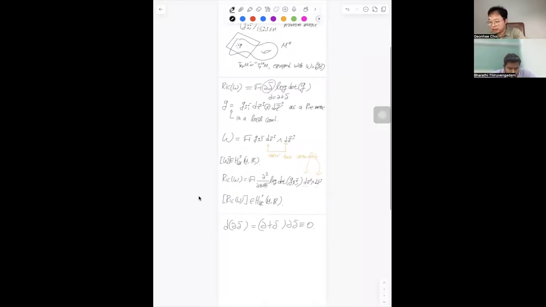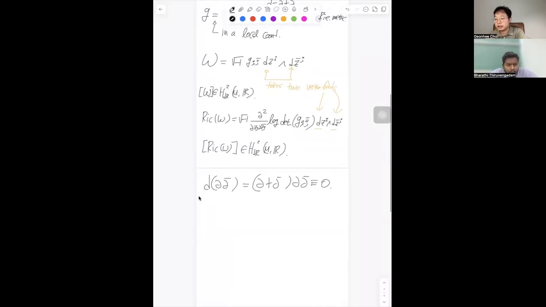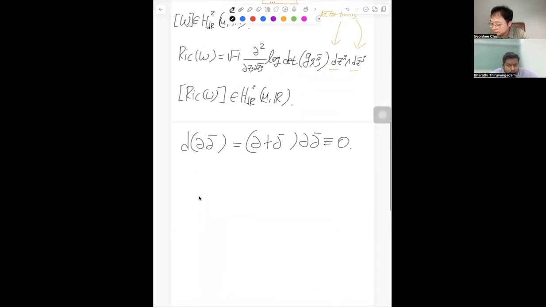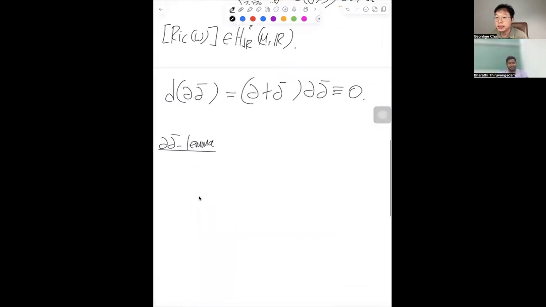Let me explain. This reason is very, very deep. The reason is the so-called ∂∂̄-lemma. Please keep this in your mind. If there is an extension of the work to the setting of symplectic manifolds, this assumption is always most crucial, so you can simply ask the speaker where the ∂∂̄-lemma is.